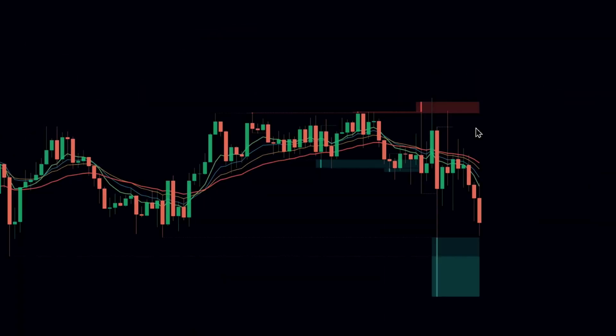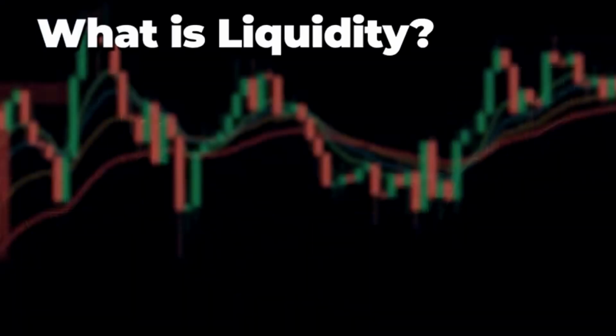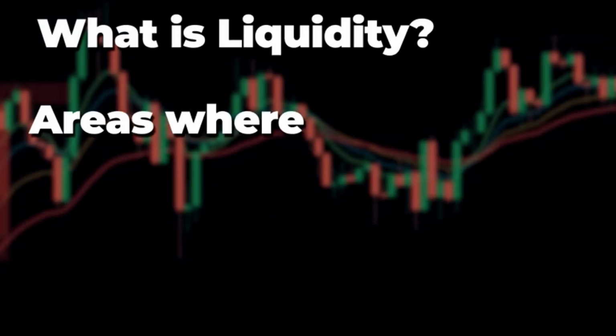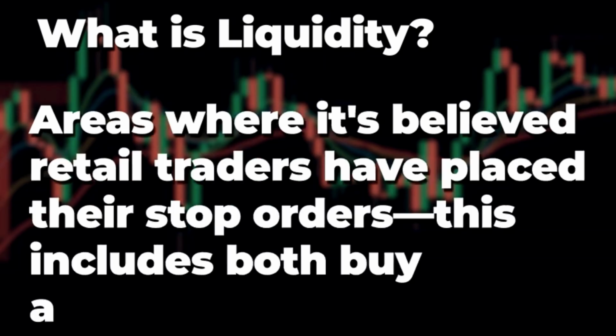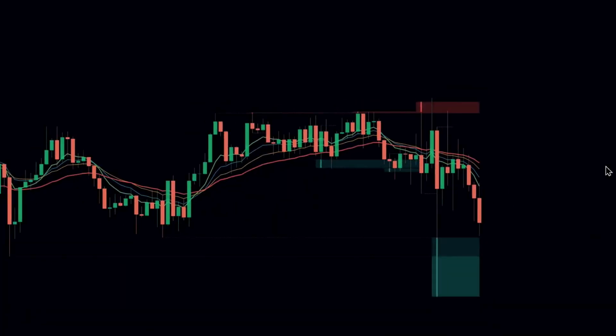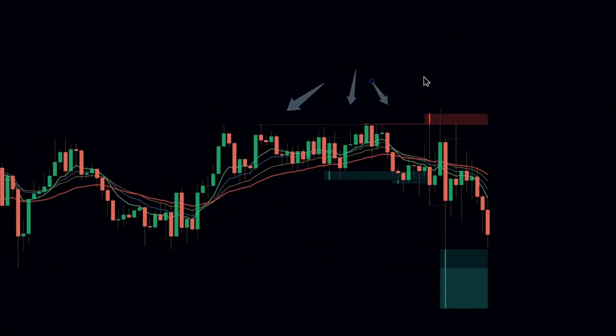Now back to liquidity itself. In trading, liquidity refers to areas where many retail traders have placed their stop losses, both buy and sell stops. Buy-side liquidity forms where traders have placed numerous buy stop orders, typically around a swing high.